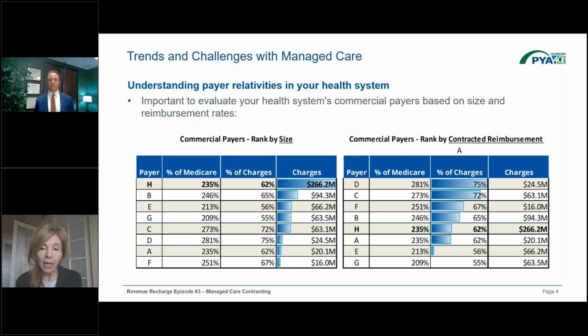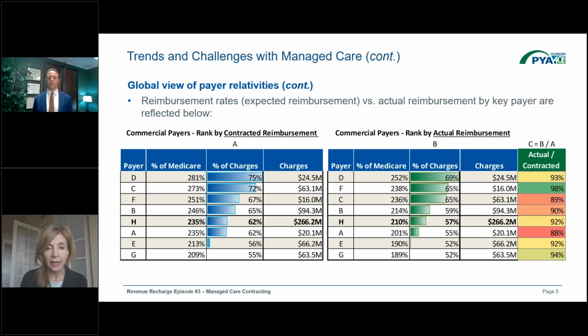It's right in the middle, but it gives us a context of how well they're paying, and the order of magnitude. So that's usually the first step so that we can understand as we move into a new negotiation where each payer sits and what to expect from that next negotiation.